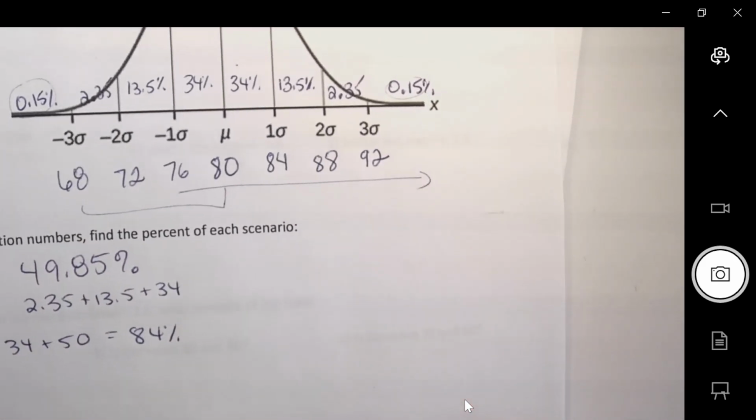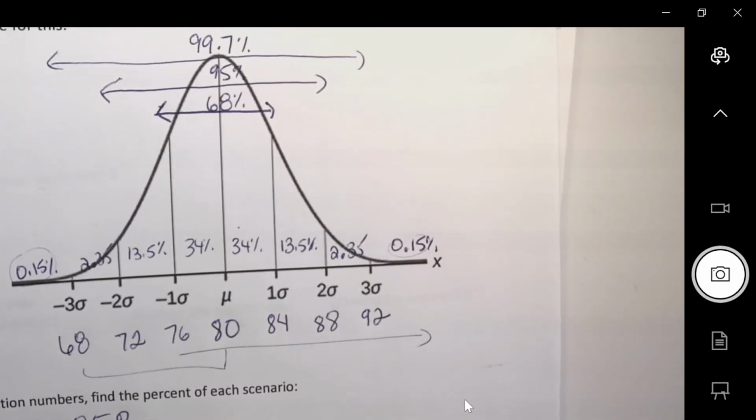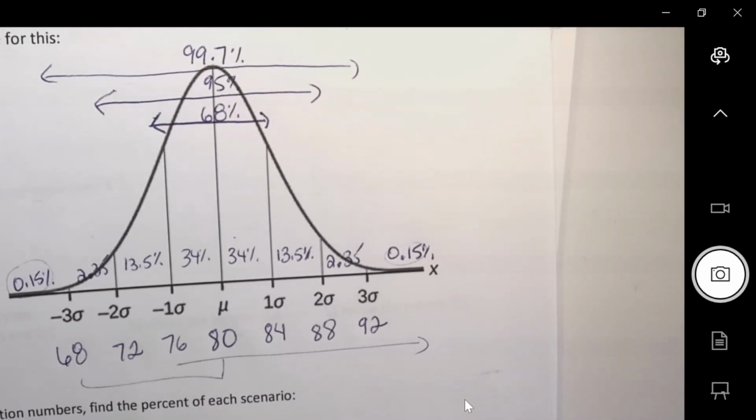Can you just show the percents on the top again? 68, 95, 99.7.